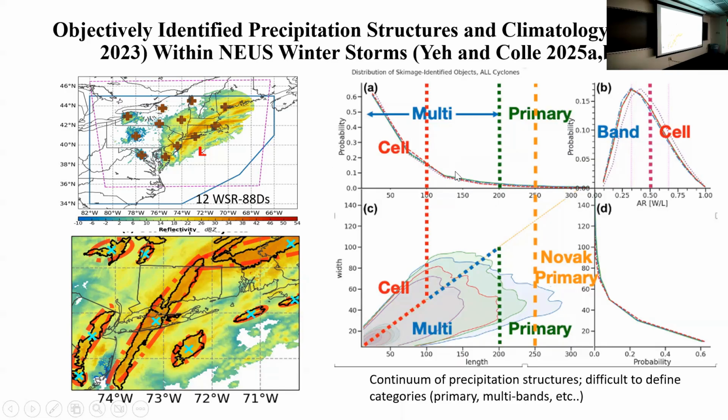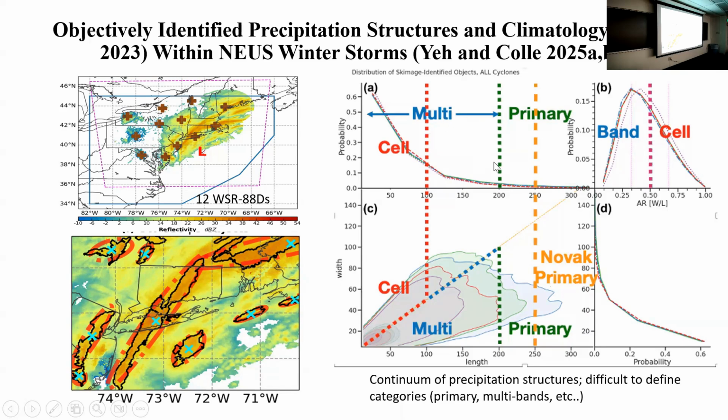But basically, this is probability and the length. And then here we actually have the length and the width of these structures. The point here is that in past literature, including from our own group, we've tended to break these structures down into definitions of primary bands and multi-bands and so forth.